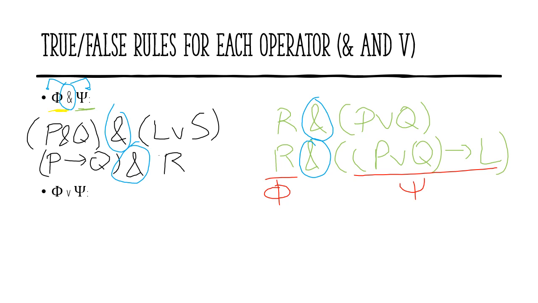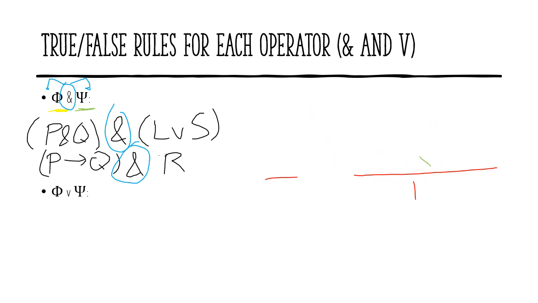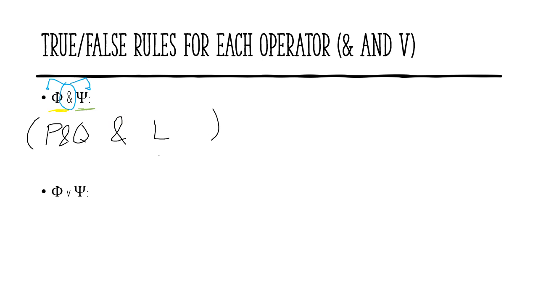Through examples that might become a little bit clearer, but that's why we use the meta variables, because anything can stand in for them, even something as long and complicated as this. So what we're focused on with giving these rules is the operator itself. So let's look at the rule itself for the ampersand. Let me get rid of stuff so it's not in the way.